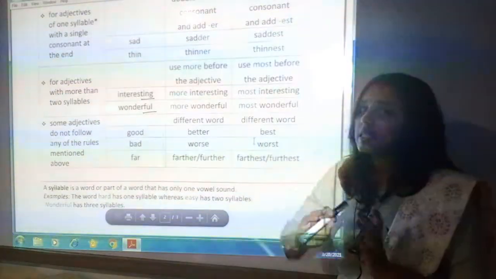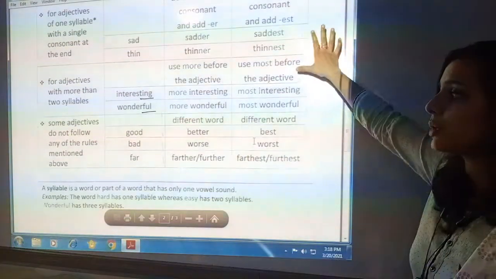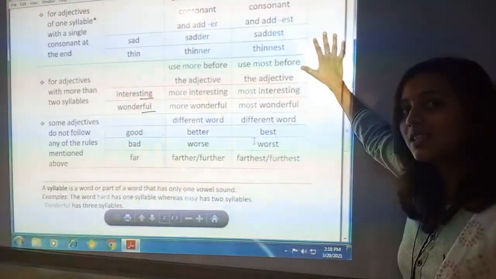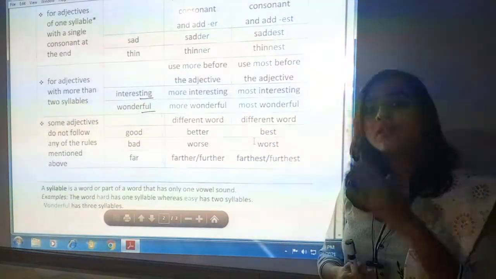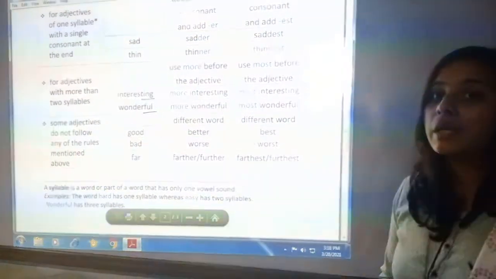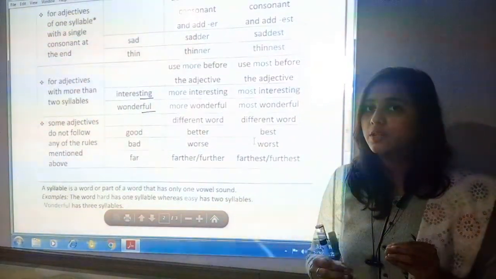Next, some adjectives do not follow any of these rules. For them, the comparison or the degree is different and the word changes completely. There is no particular rule for their change.